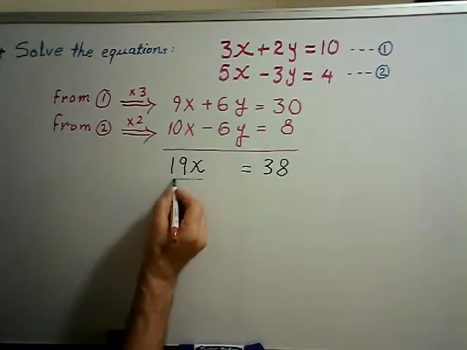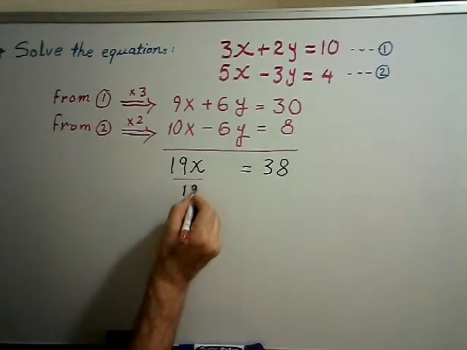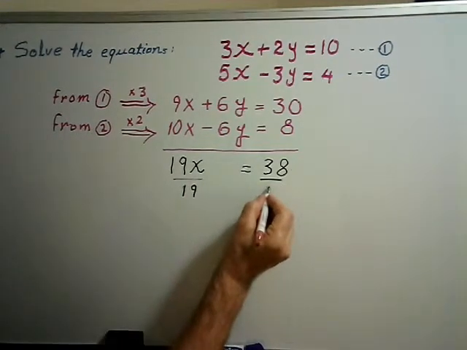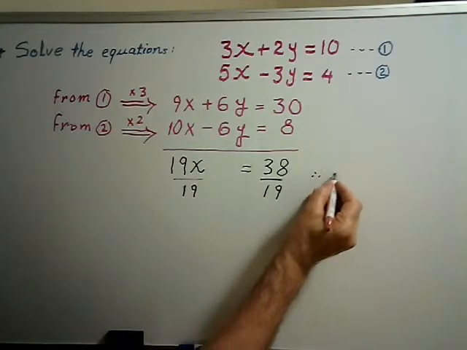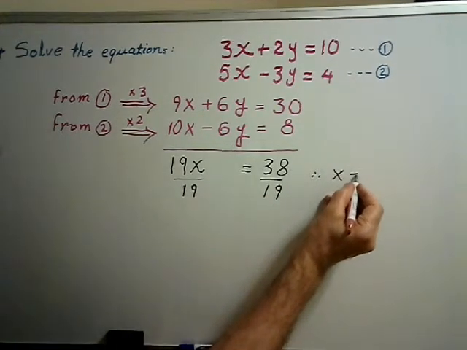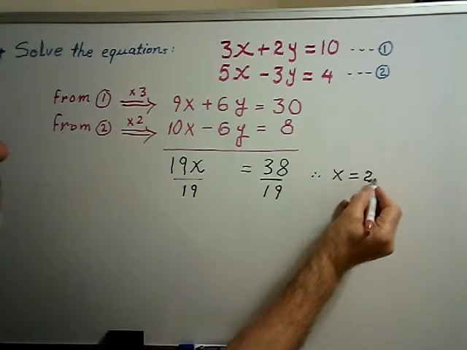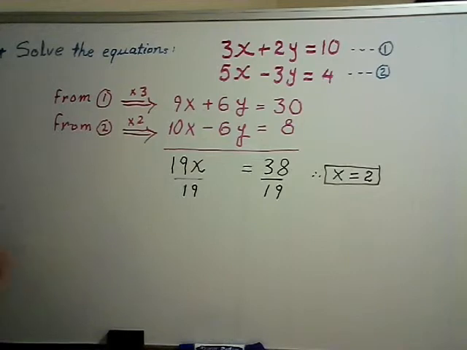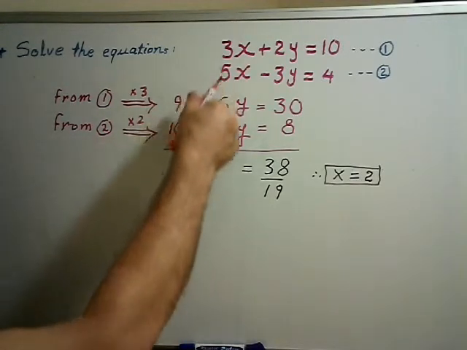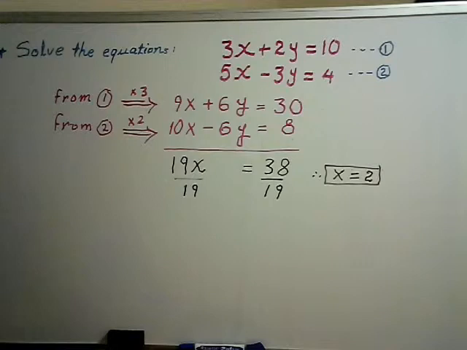Then divided by 19, we got x is equal to 2. As we got the value for x, then we just make substitution about it in either equation, the first one or the second one.